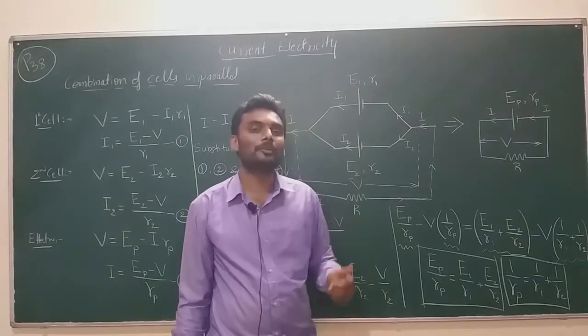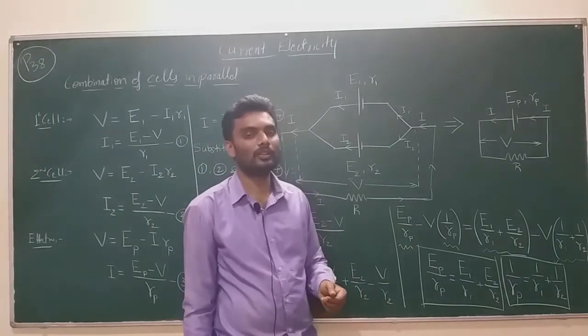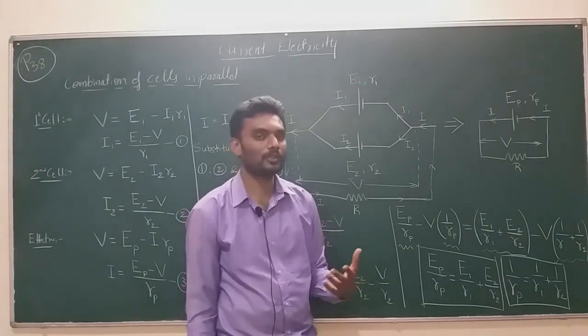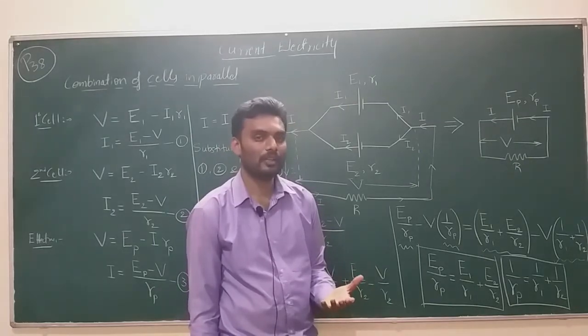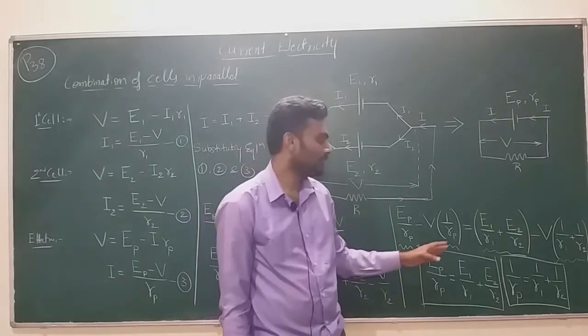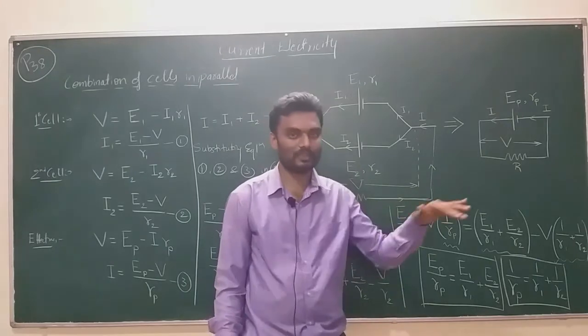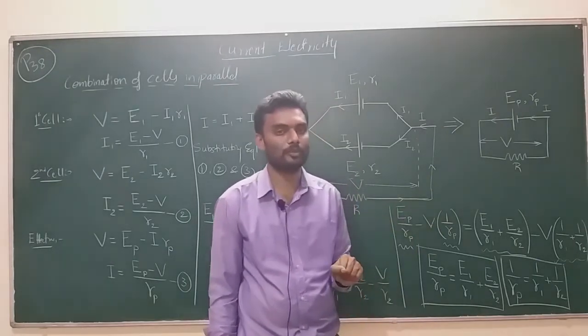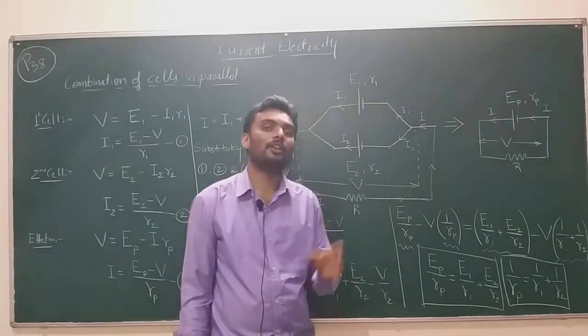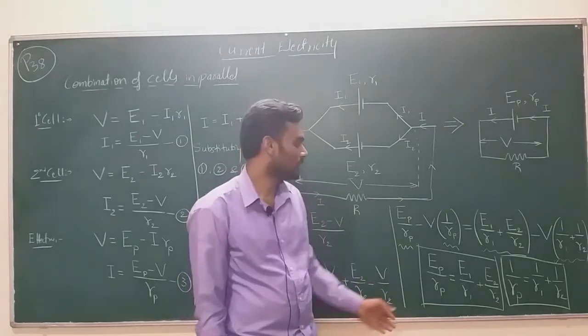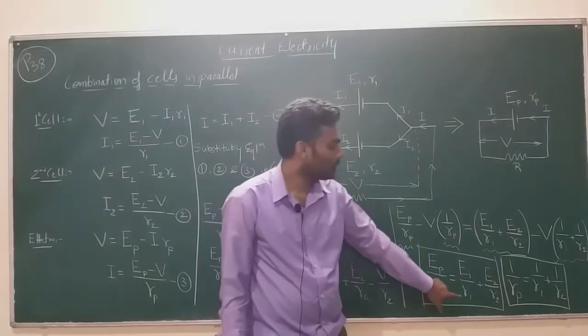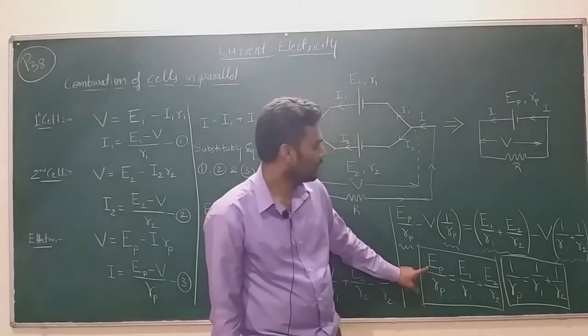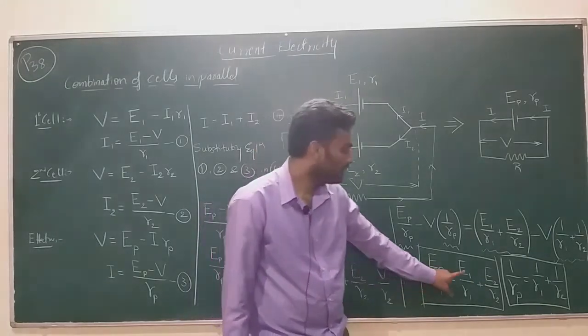But when it comes to series combination, we do not need the values of R1, R2 or RS, isn't it? We just need the values of E1, E2 to get ES. But when you have a parallel combination, you need Rp, R1 and R2 to get the value of EP.